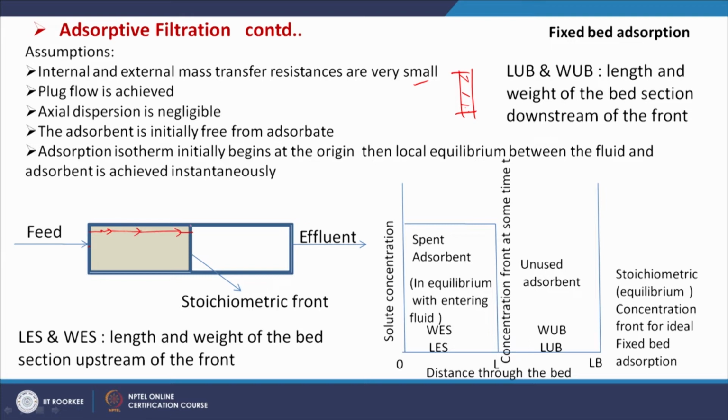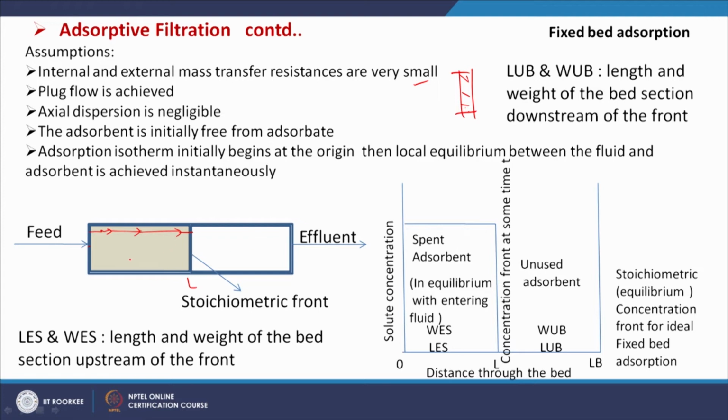Okay. So, this is one typical example: up to this length this bed is exhausted first, then this bed will be exhausted. That means, here the pollutants are captured by the adsorbent, and here the pollutants are not captured by the adsorbent, because pollutants are not available, all pollutants have been captured in this adsorbent.